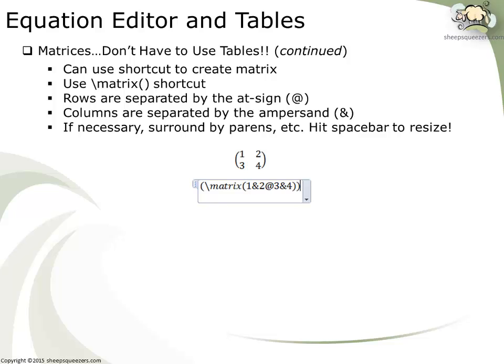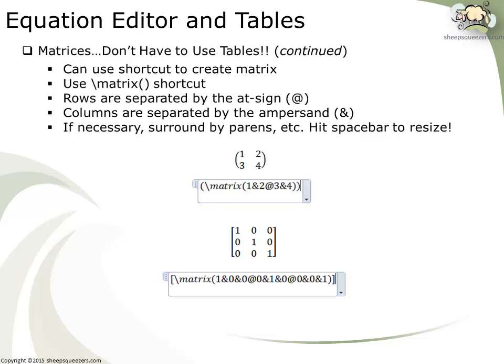Then to specify the next row, I would specify an @ sign. Then at 2, 1, I put the number 3. Then I put an ampersand, and that 2, 2 is the number 4. I would end the matrix shortcut by putting in a right paren, and then finally I would put in the right paren, which corresponds to the right paren surrounding the matrix. At this point, I would then hit the space bar in order to resize those parens.